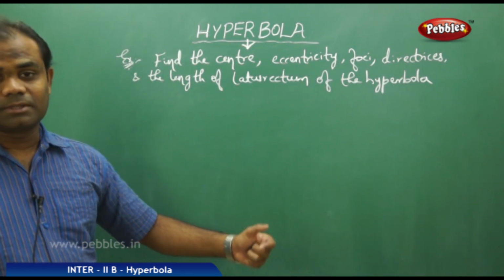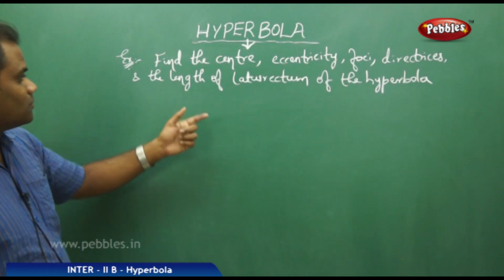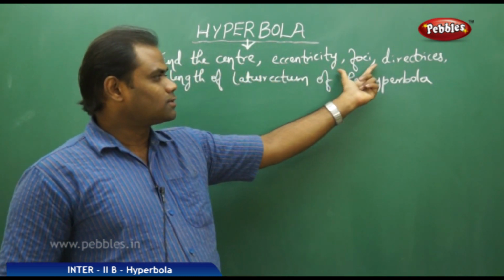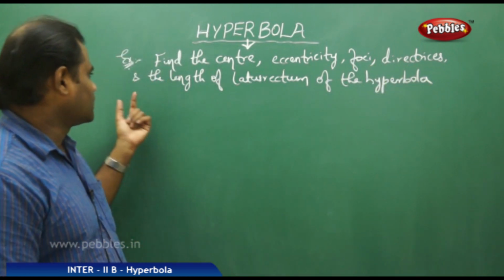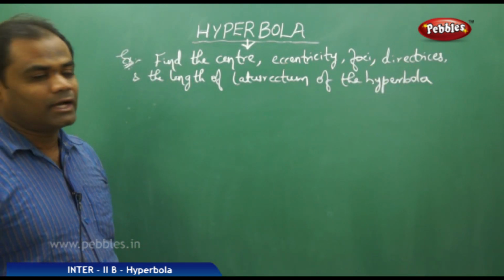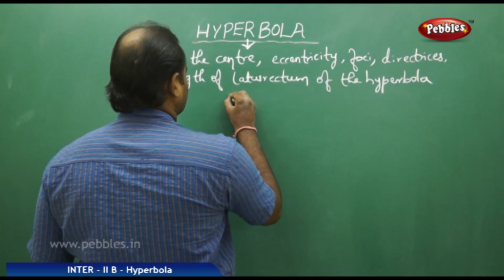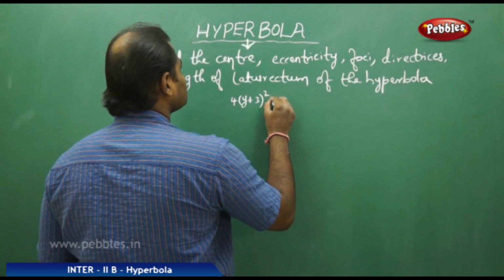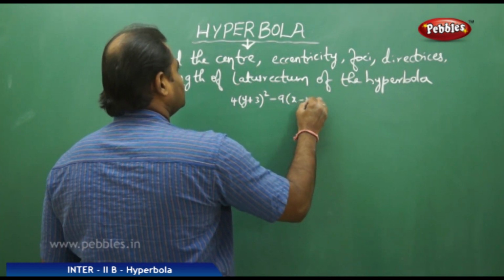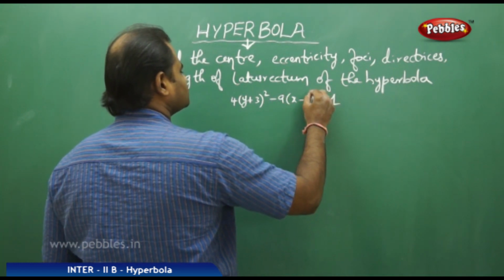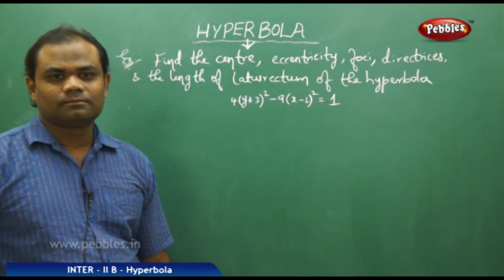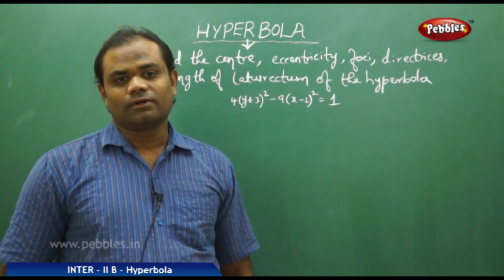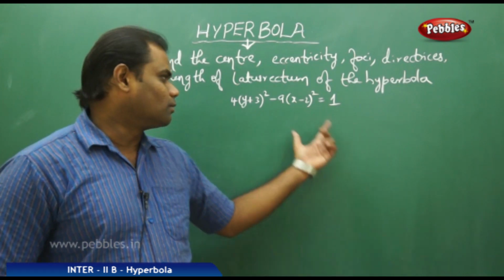The question says find the center, eccentricity, foci, directrices and the length of latus rectum of the hyperbola given by the equation 4 times equals 1. This is how we get the equation of the hyperbola in this form.